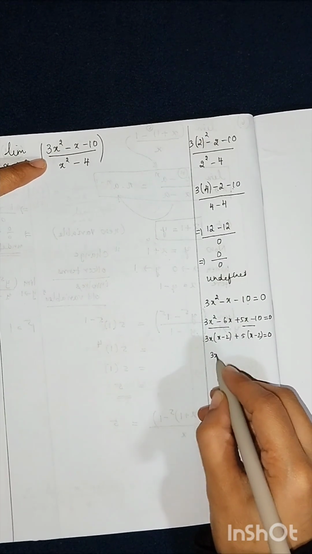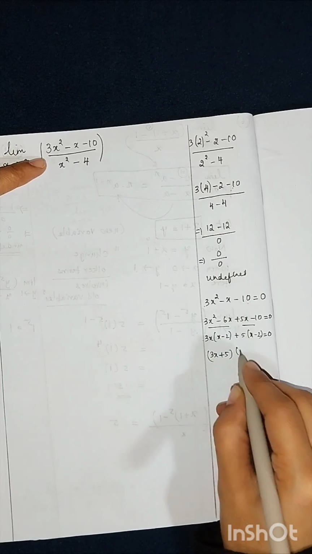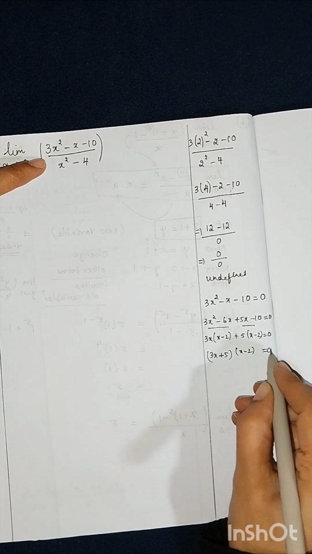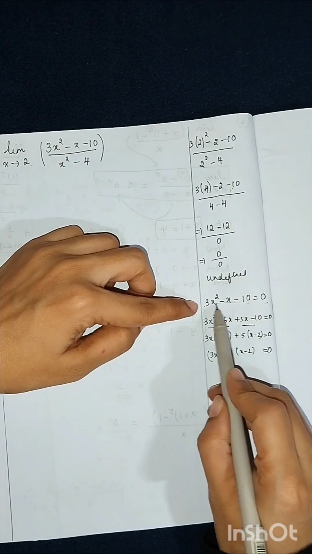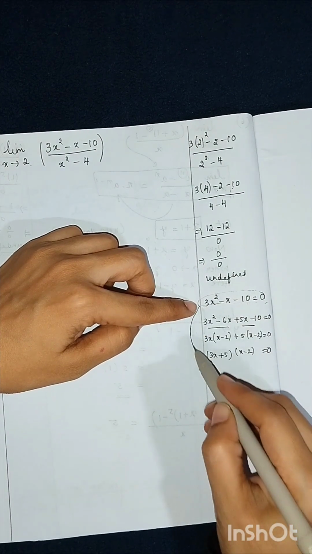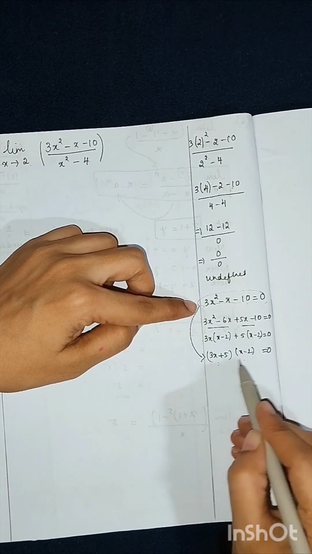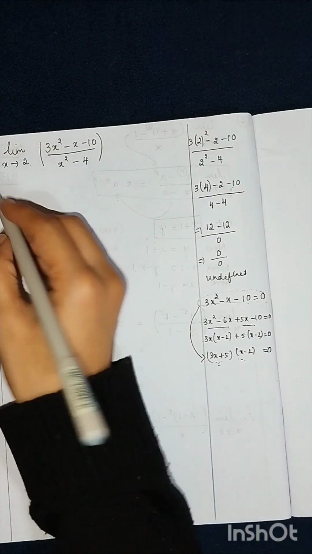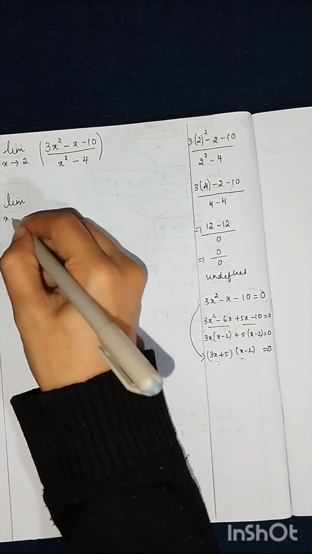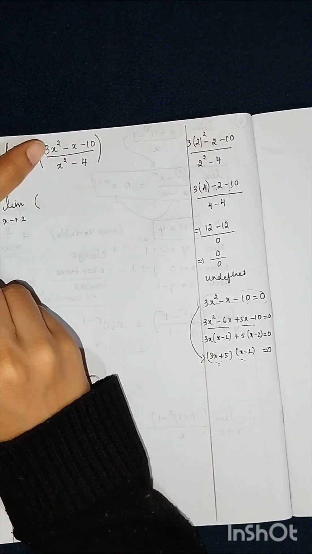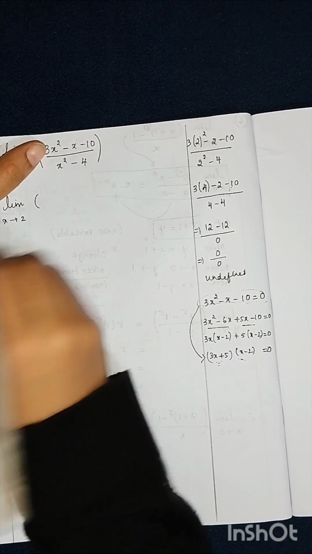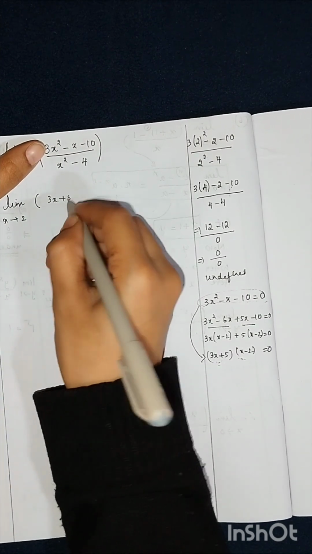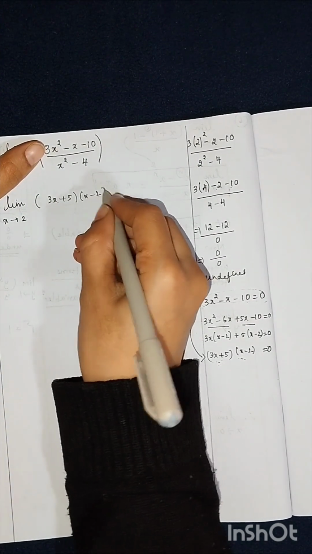Now if you write here, 3x plus 5 times x minus 2 equal to 0. So we changed this entire equation into two factors. So in this numerator, we will write these two factors. Okay. So limit x tends to 2, 3x square minus x minus 10, we will write 3x plus 5 into x minus 2.